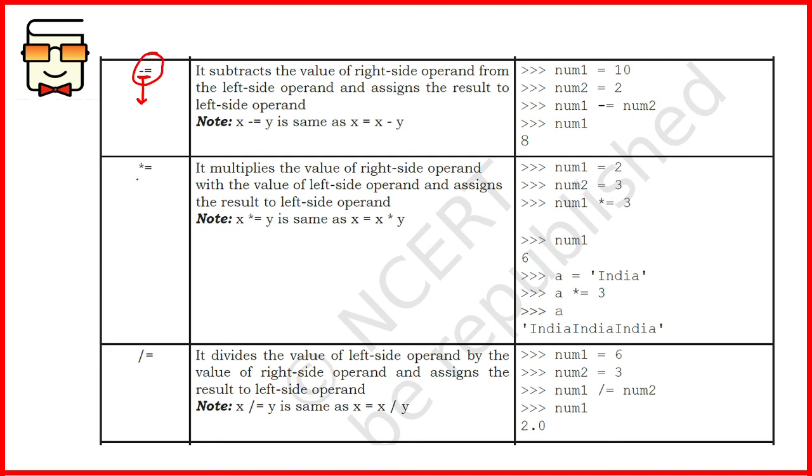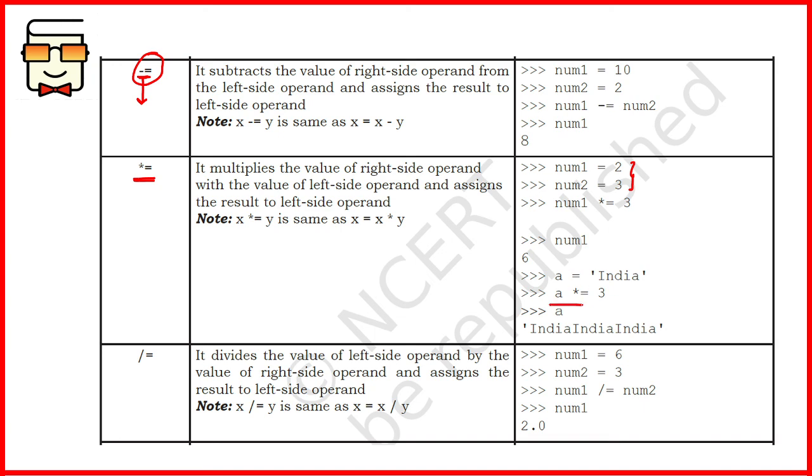But when you say multiplication equal to, that means star equal to, it can be used with any kind of numeric value, not only integers, as well as with strings.